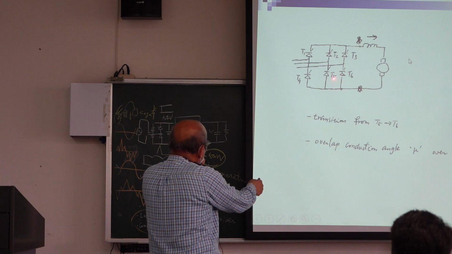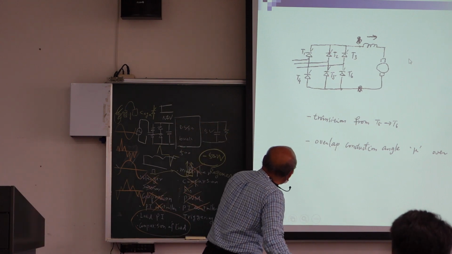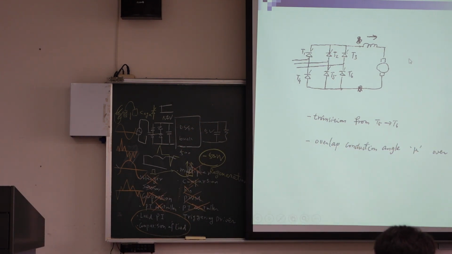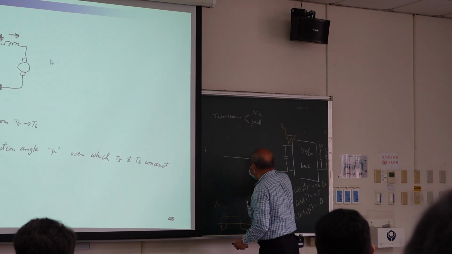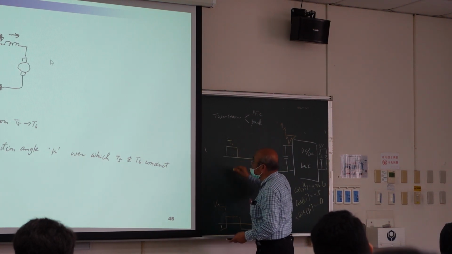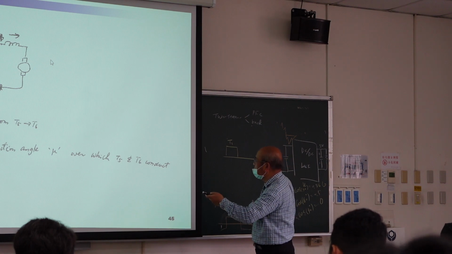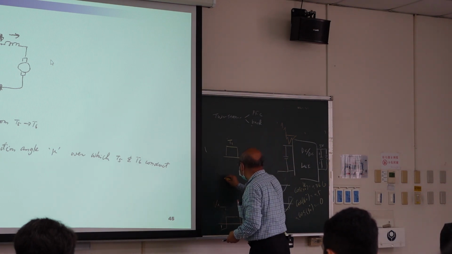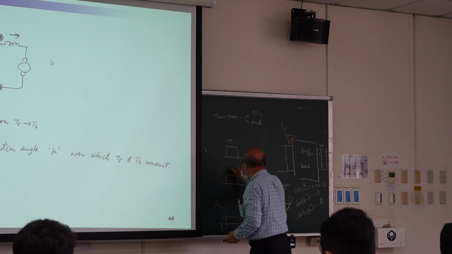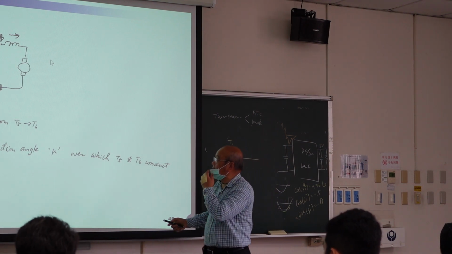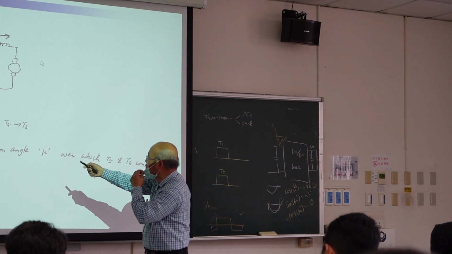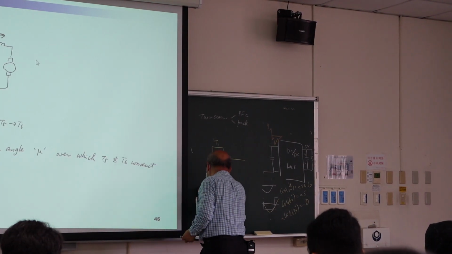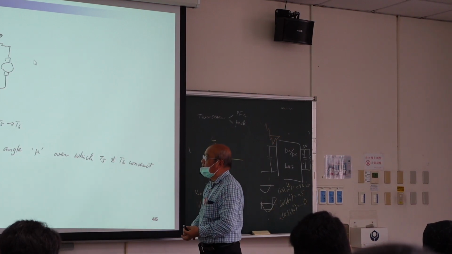So T1 turns on, T5 turns on. So we go from A to B. So V, A, B have a loop.